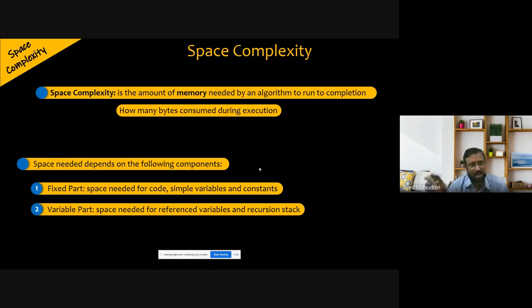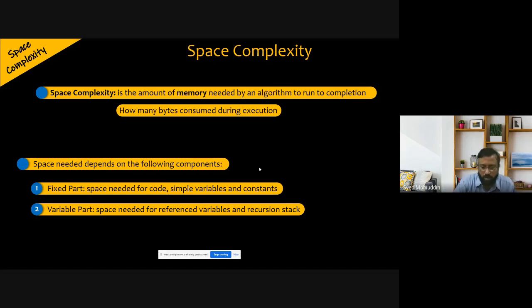So the recursion stack stores the values of the variables or parameters at the time when the call is made, and all those things are stored in a stack in the memory. That is known as the recursion stack. So in the fixed part we have simple variables, and in the variable part we have referenced variables. We will discuss these two types of variables when we look at an example in the next slide.